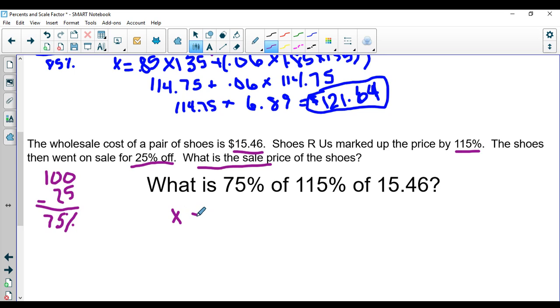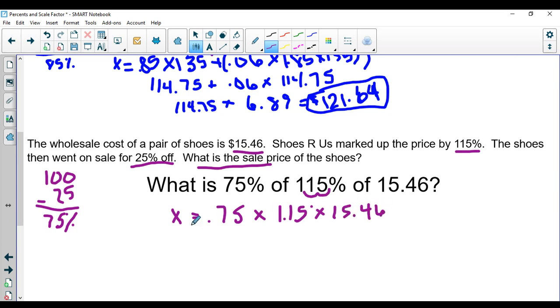And I'm going to start by changing all this into my equation. What is 75% is 0.75 of 115% when I divide by 100, that gives me 1.15 times 15.46.